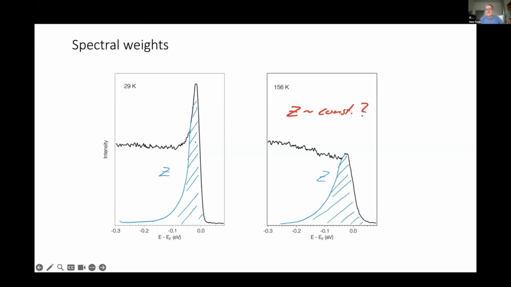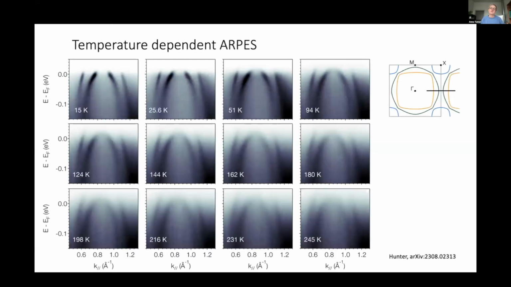We concluded from this that it's actually quite difficult to extract Z just by looking at the spectral weight. And we proposed a different approach, which was to look at the dispersion, at how the mass enhancement changes with temperature. So here is a set of measurements from low to high temperature.